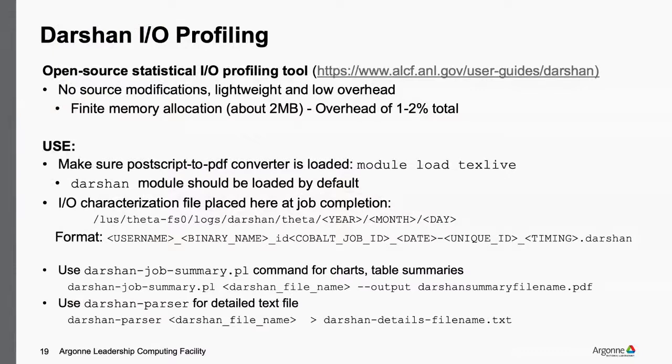The other one is called Darshan Parser, and it prints text to the command line. This is useful when you know exactly what you're looking for. To understand what's output, you're going to need to read the Darshan documentation, because basically each line is one counter for one file. So you have to go look and see what counters of interest you have.